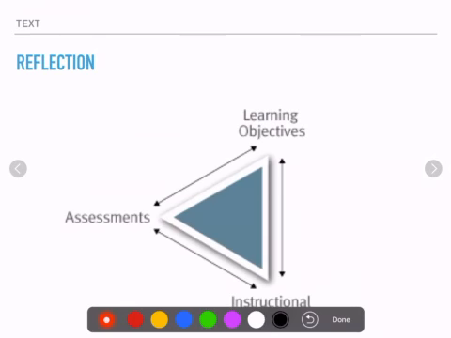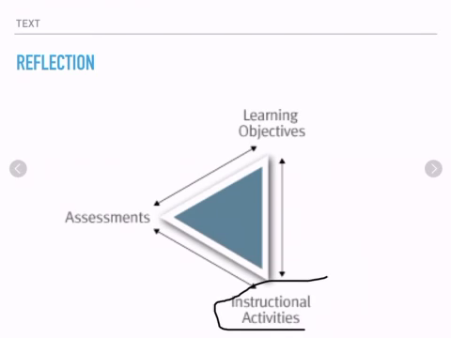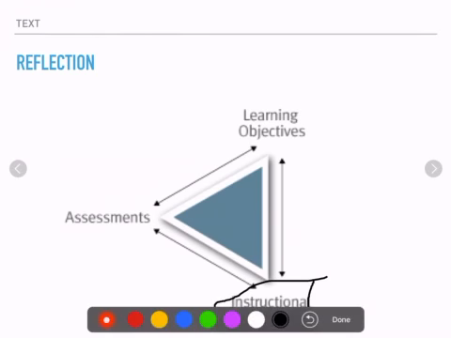Okay, and my reflection is really just all about how this instructional design process has taught me how much goes into design. So you can't just think about only your instructional activities, okay? You have to also consider at the exact same time your learning objectives and your assessments and how they all tie together.